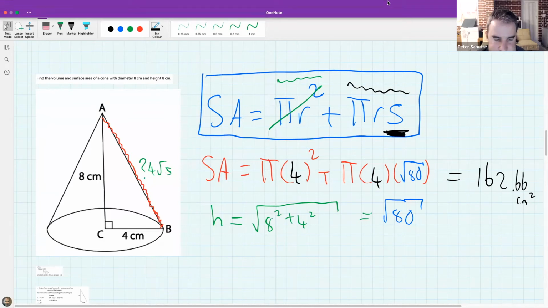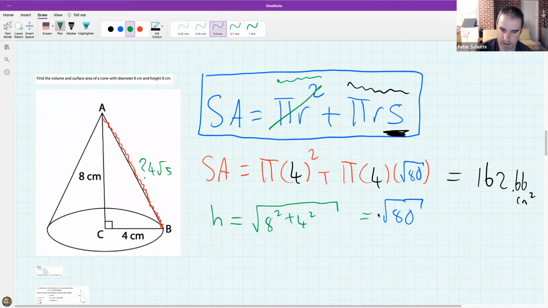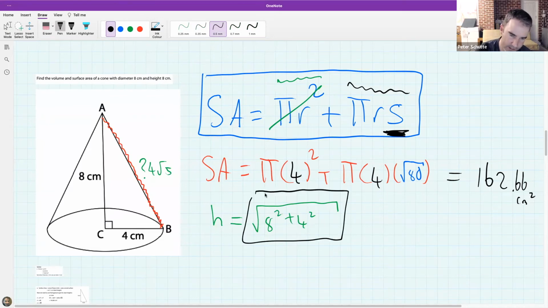Mr. S, before you move on, there's a question in the chat. Can you please explain how you got root 80? Okay. If you look at using Pythagoras, that is the step over here. I realized I needed to use the h in this part of the calculation.